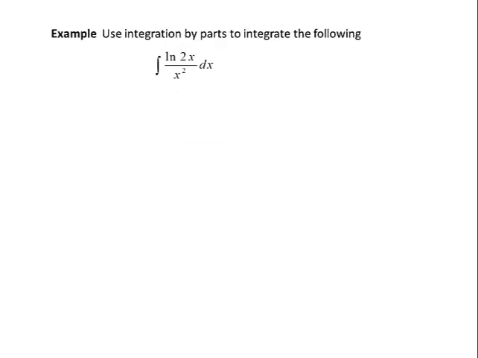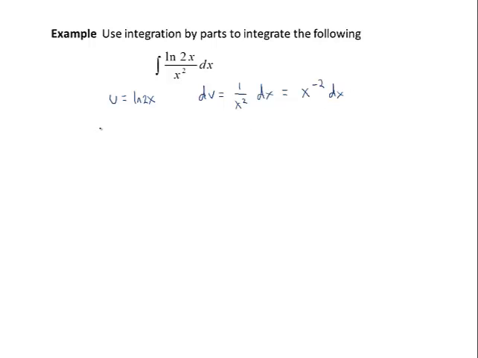All right, let's try a quick example here. We are going to use integration by parts to integrate natural log 2x over x squared dx. For this first example, let's try letting u equal the natural log of 2x, then dv will be 1 over x squared dx, or we could rewrite that as x to the negative second dx.